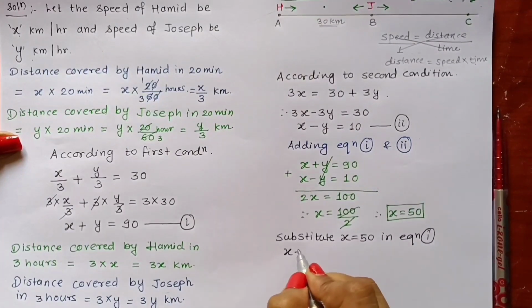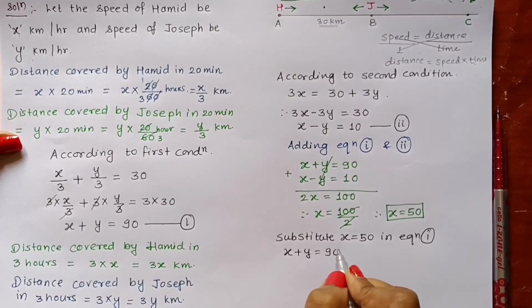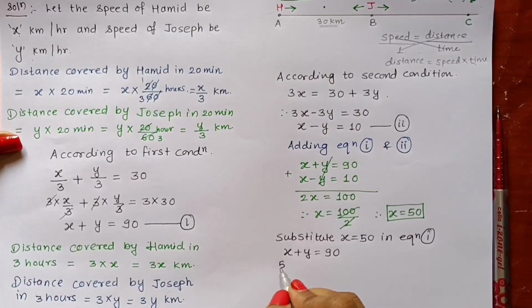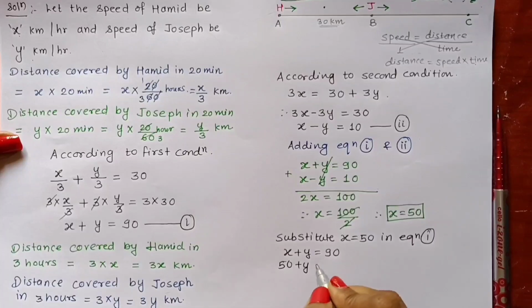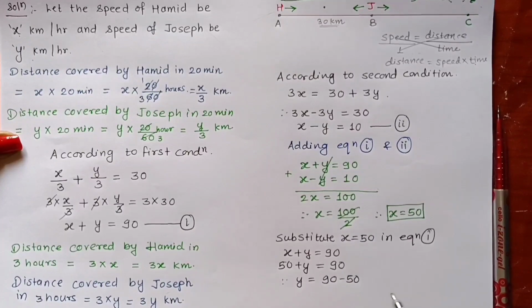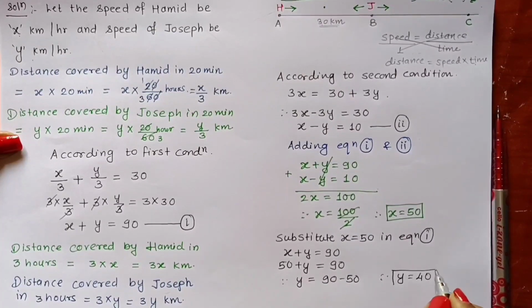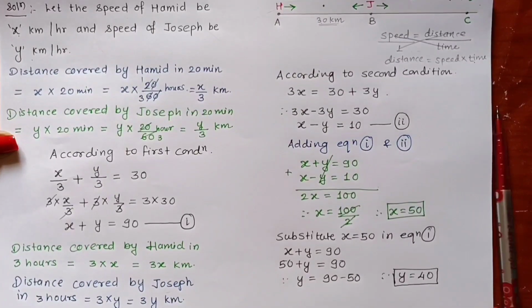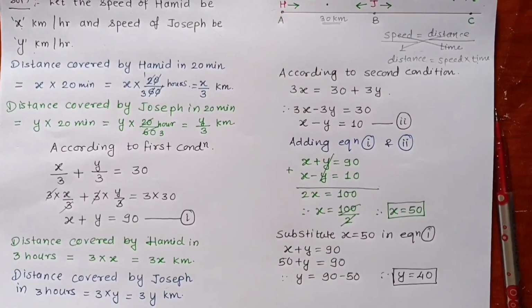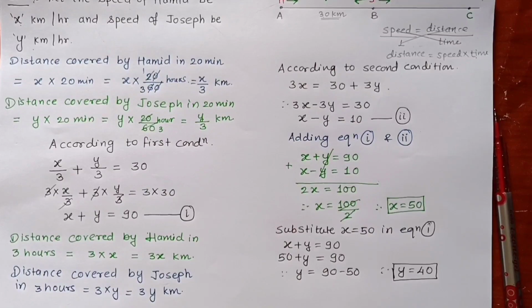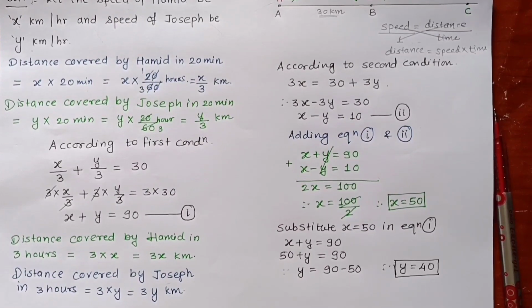So x plus y is equal to 90. x is 50, plus y is equal to 90, and therefore y is equal to 90 minus 50. y is equal to 40. So in this way we have got the speeds of Hamid's as well as Joseph's bike. So write the answer statement now.